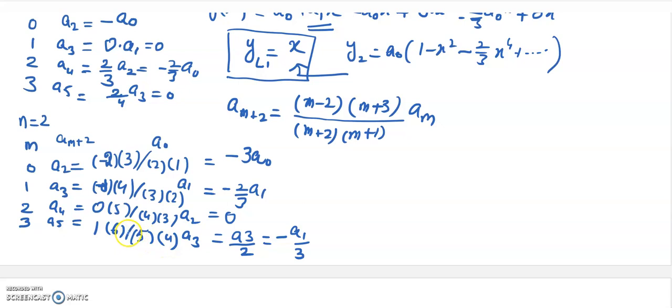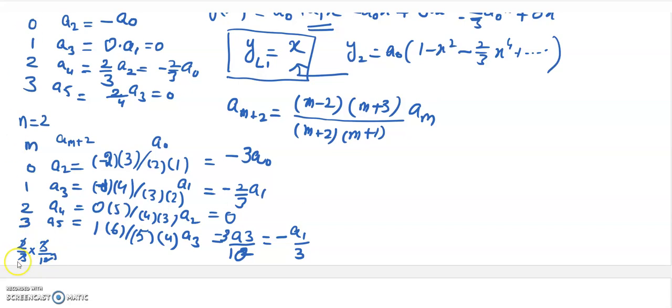So this should be 3 by 10 a3, and then when we put the value of a3, which was minus 2 by 3, it will be minus a by 5, right? It should be a by 5 minus a1, because 2 by 3 into 3 by 10, so it should be 1 by 5.